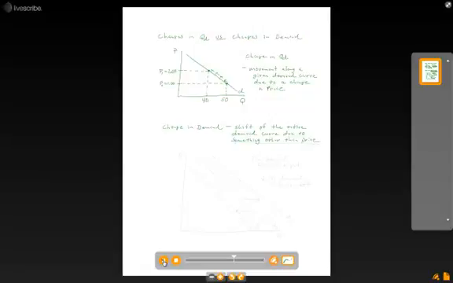And the important part of this is it's due to something other than price. So price in and of itself will never shift a demand curve. So the idea is simply this.